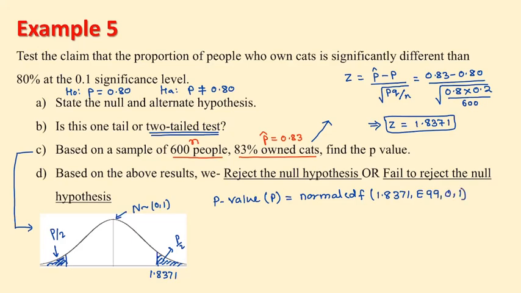And if we simplify this, the p-value will be, in fact, the p-value is not just that. That is the area on the right tail. We have to multiply this by 2. So once we type this in our calculator, we multiply the result by 2. By doing that, we get 0.0662.